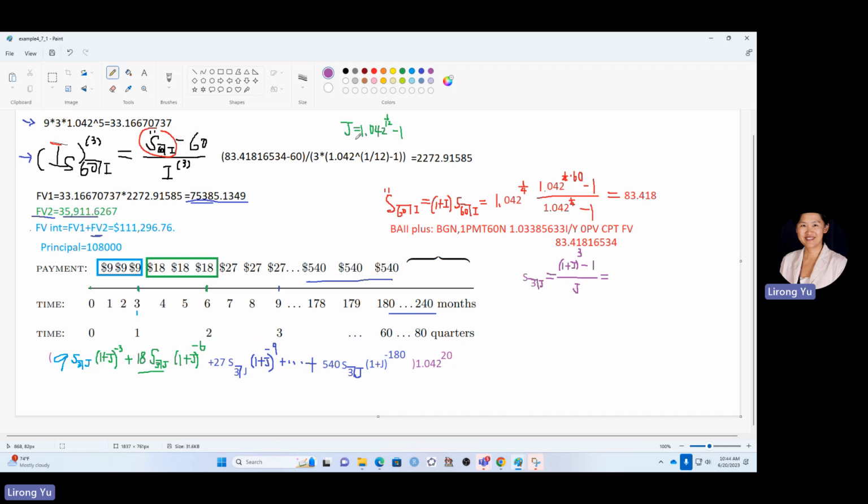So we know that j is this one. 1 plus j will be 1.042 raised to the power of 1/12, so raised to the power 3 is 1/4.